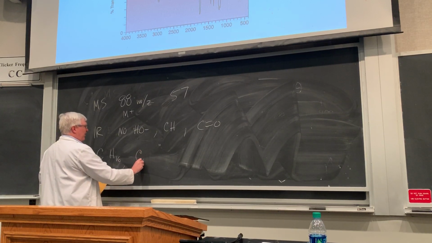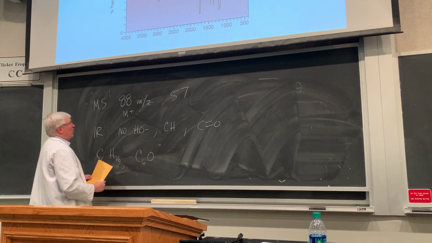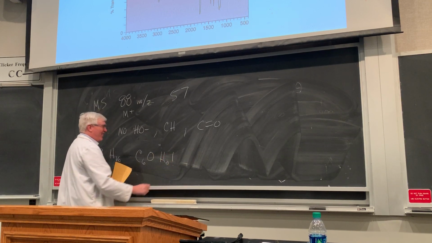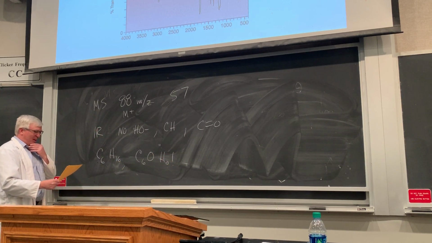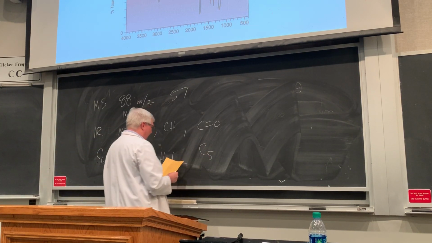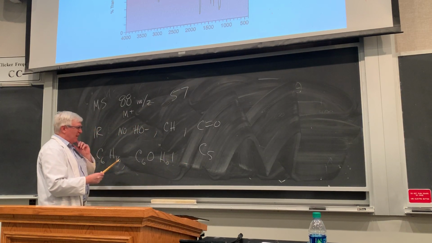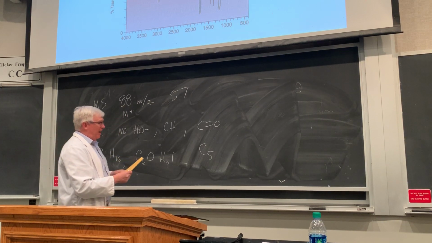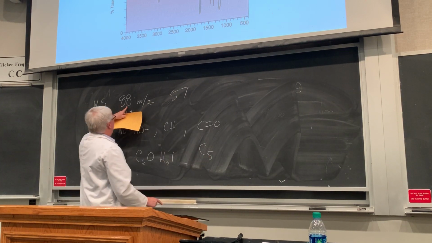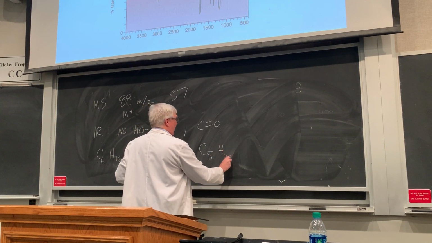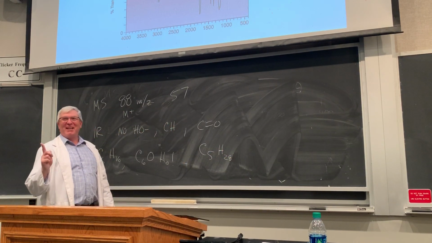What if we had C6 and O? Well, that would leave us no hydrogens. So that's probably not a reasonable structure either. Let's see, what could we get to? How about C5? So if we had C5, that's 60 here, right? And to get up to 88, we need what? 28 hydrogens? Okay, probably not gonna happen.